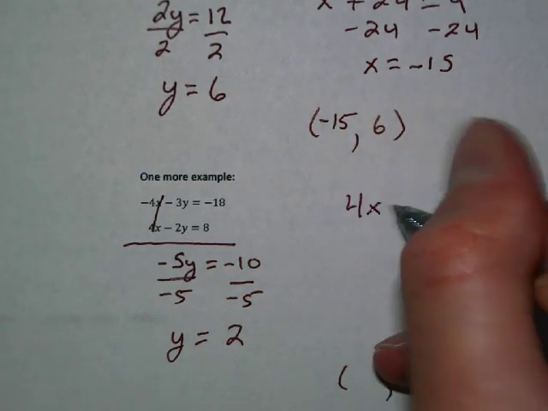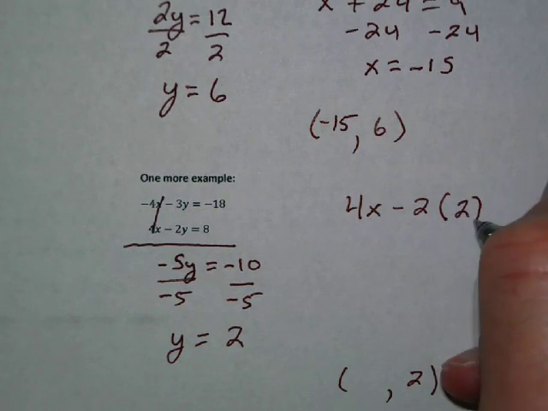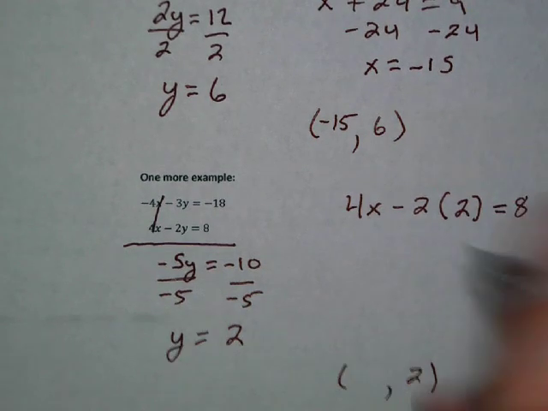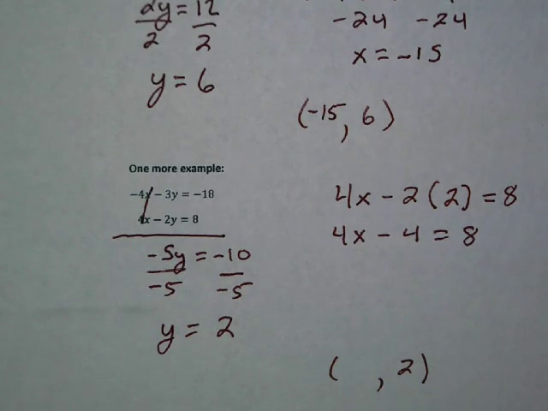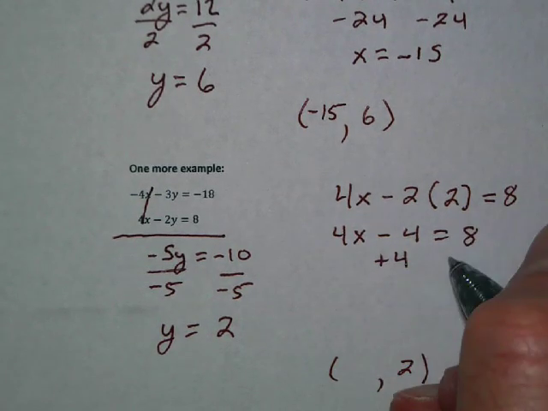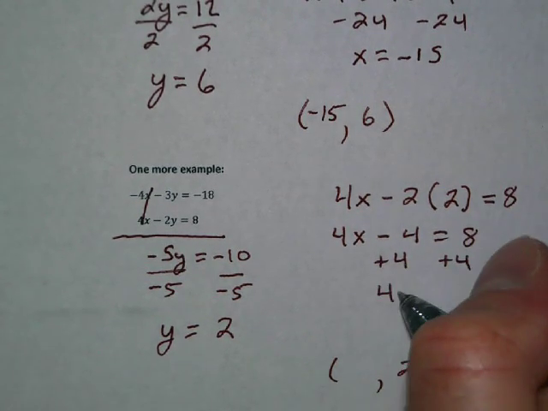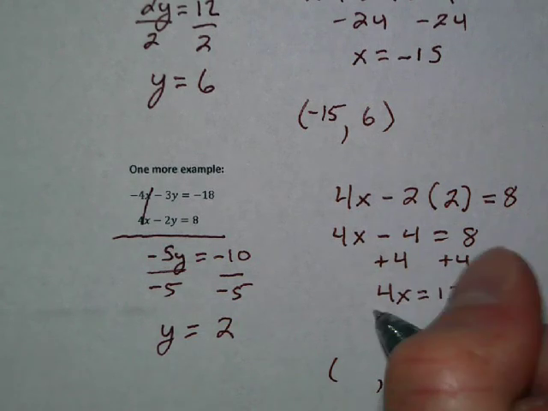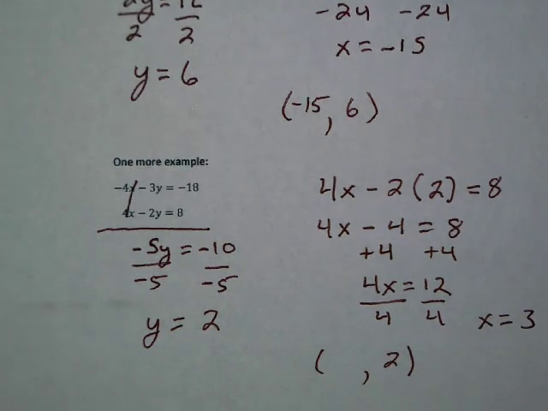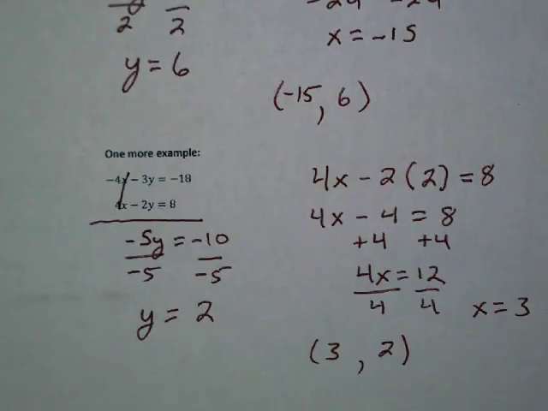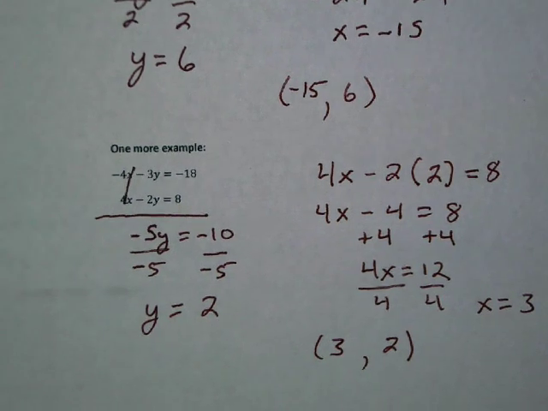I'll use the second equation this time: 4x minus 2 times 2 equals 8. That gives us 4x minus 4 equals 8. Then we add 4 and get 4x equals 12. Last, divide by 4, and we end up with x equals 3. So we get a solution of 3, 2. All those would be what we'd classify as simple elimination.